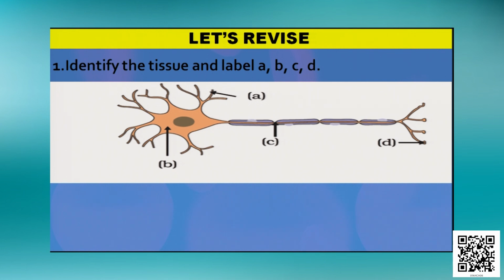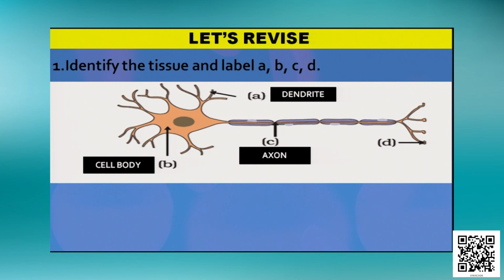So what is this tissue? It's a cell actually, which combines together to form the tissue. It's a neuron, and the parts are: part A is dendrite, part B is cell body, C is axon, and D is nerve ending.